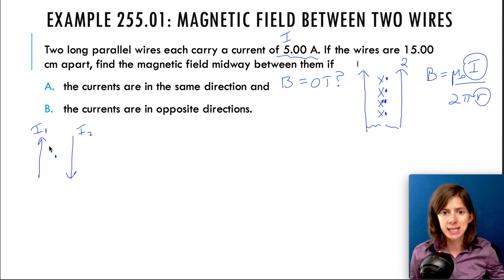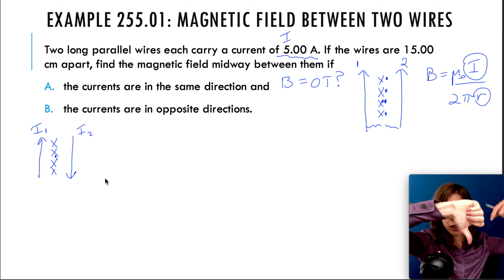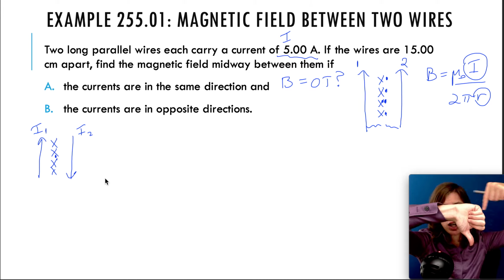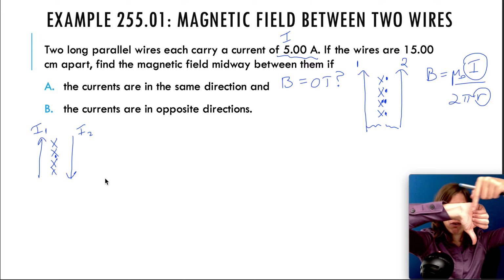So we have a magnetic field into the page from wire number 1. What about wire number 2? Go ahead and use the right hand rule. The current is going straight down, so now which way are your fingers looping? They're looping like this, which would be clockwise as viewed from above.